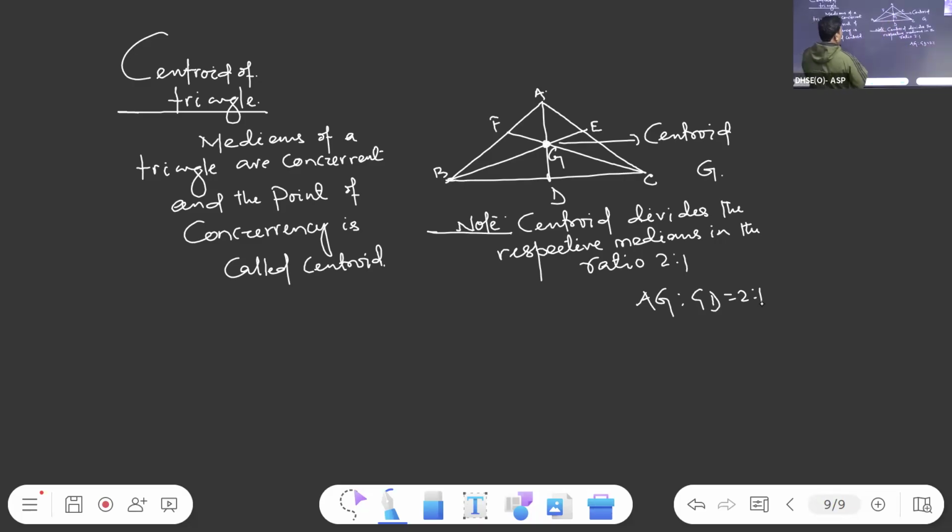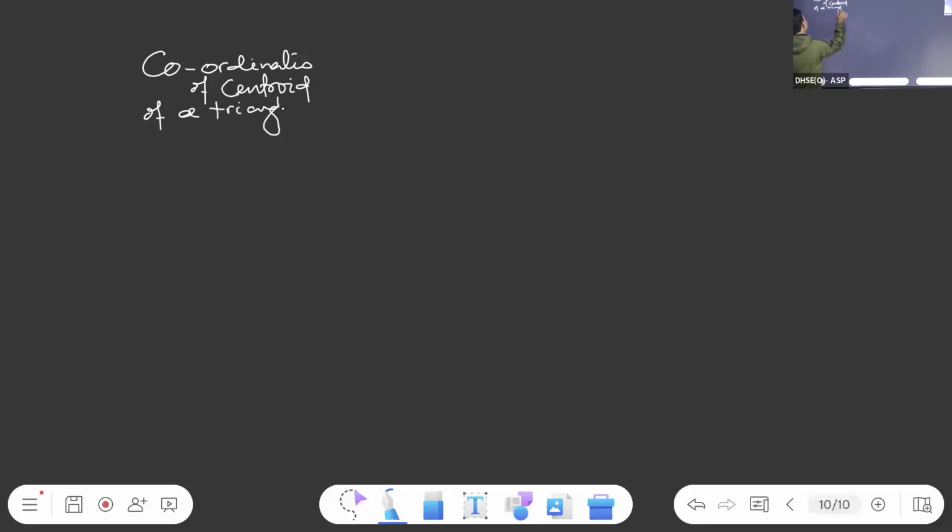Then come to coordinates of centroid of a triangle. Write down, this is of a triangle ABC.